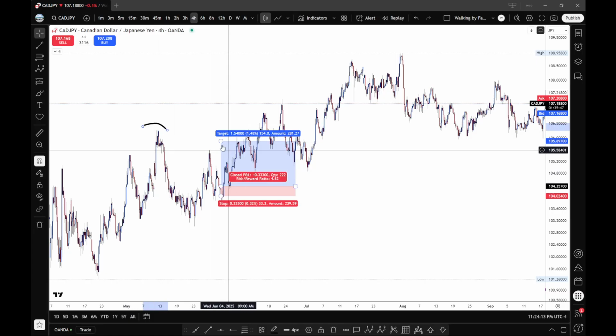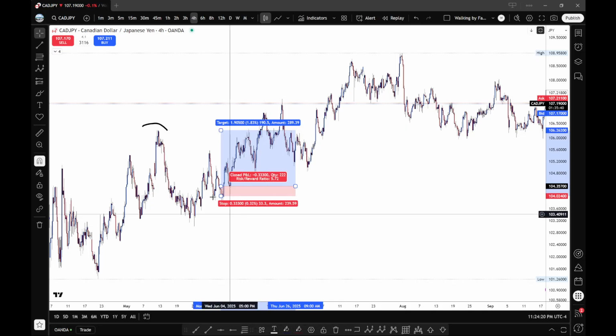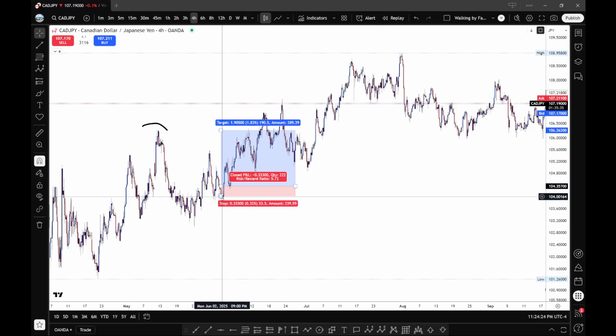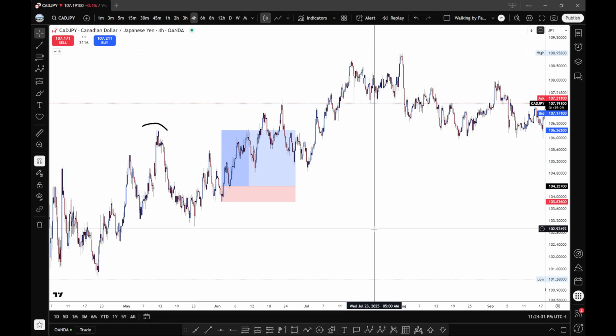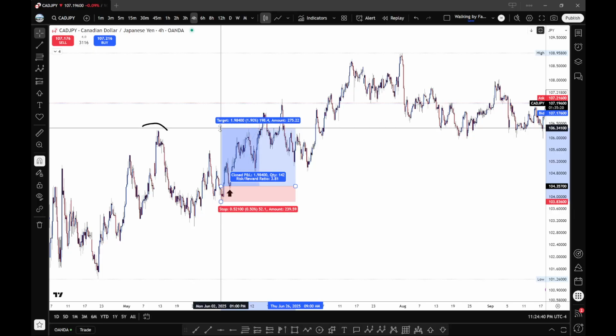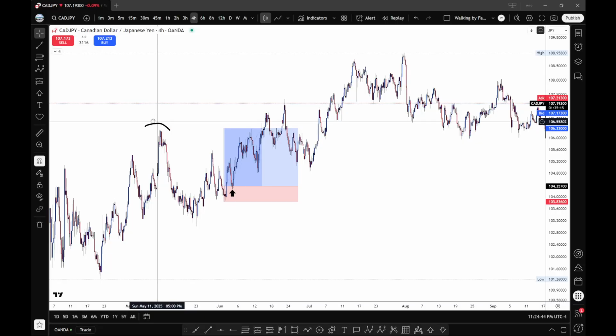We could have done something like this, target the high right there, the stop loss below the low. Boom, right there. You see how price came in right there. And like I said, we target the previous high, right?